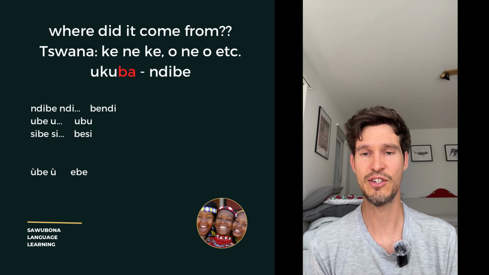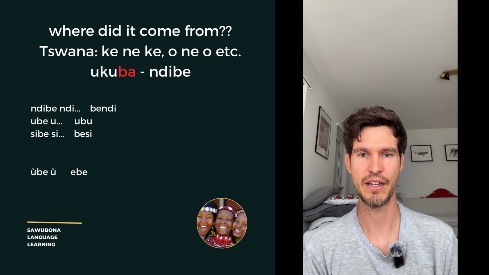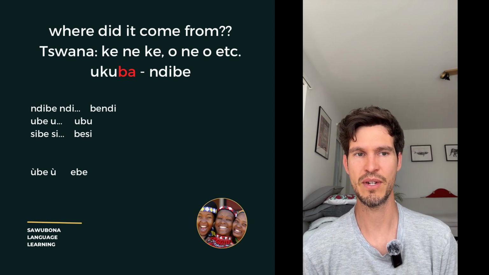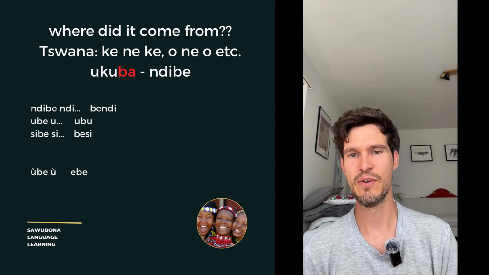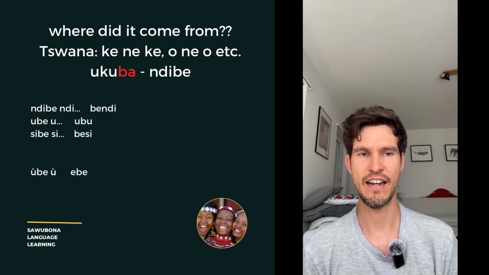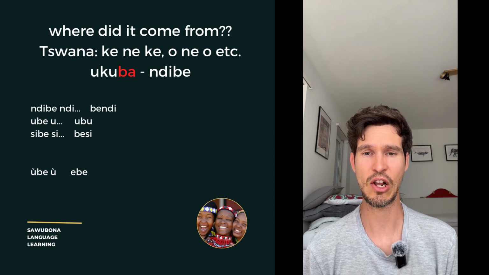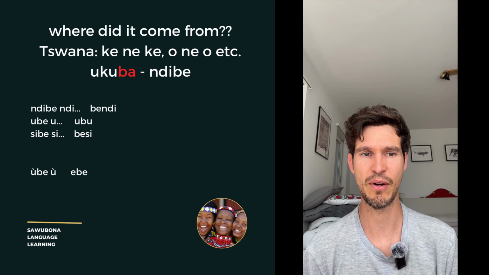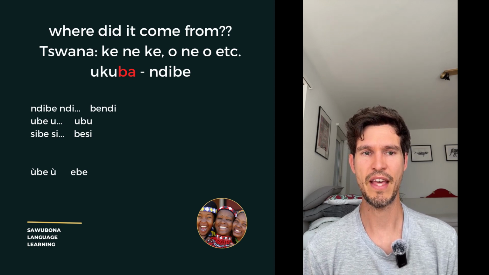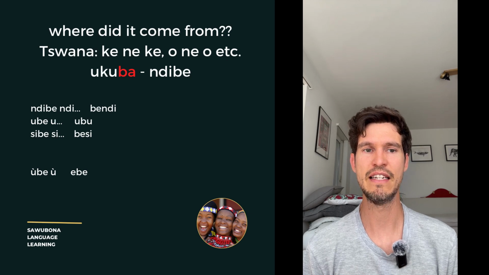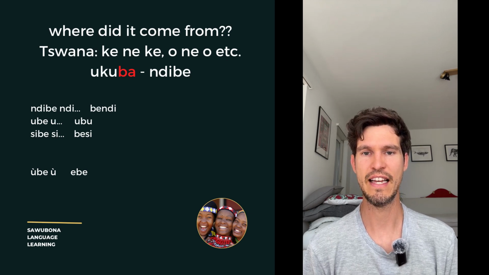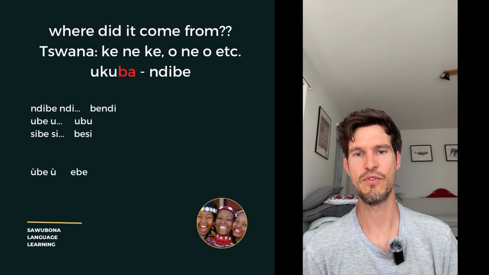So you say, literally, "I was, I do something," for "I did something." So in Setswana, ke ne ke, o ne o, etc. And this is very similar, if you think that Setswana and isiXhosa are very related, both being part of the Bantu language family. In the past, I can imagine in isiXhosa they also said "I was, I" for the past tense.